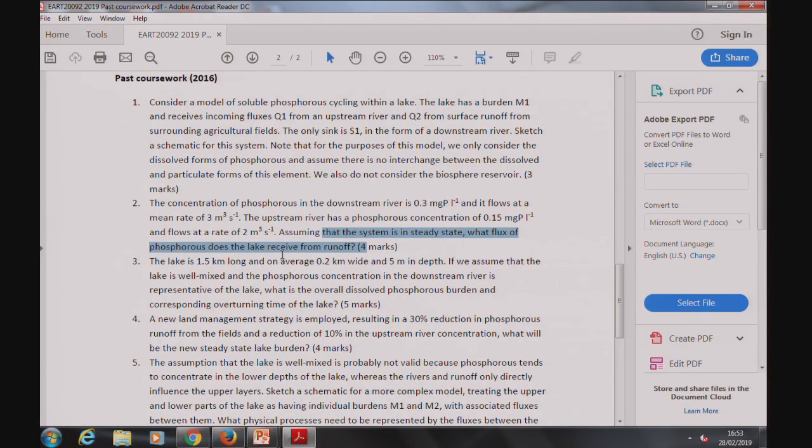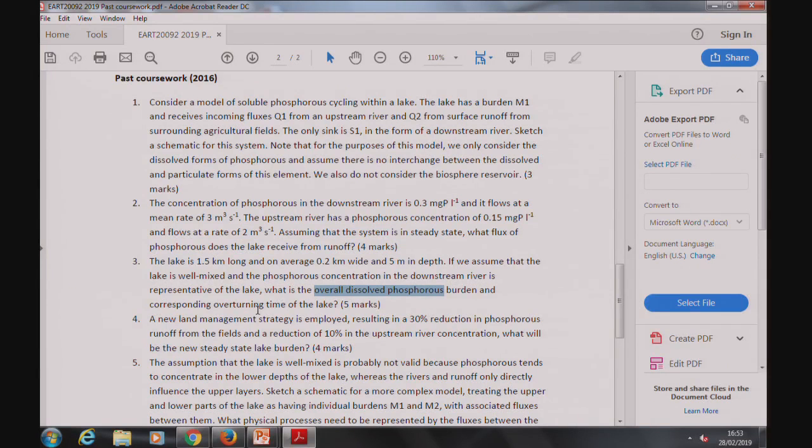The lake is 1.5 kilometres long, 0.2 kilometres wide, and 5 metres deep. If we assume that the lake is well mixed and the phosphorus concentration in the downstream river is representative of the lake, what is the overall dissolved phosphorus burden and the corresponding overturning time of the lake?